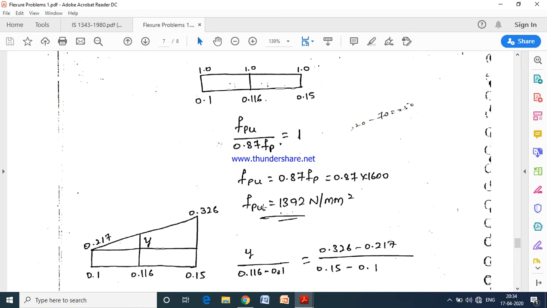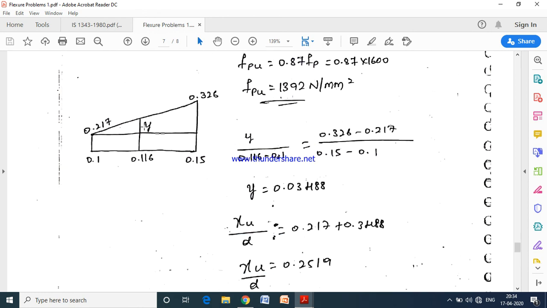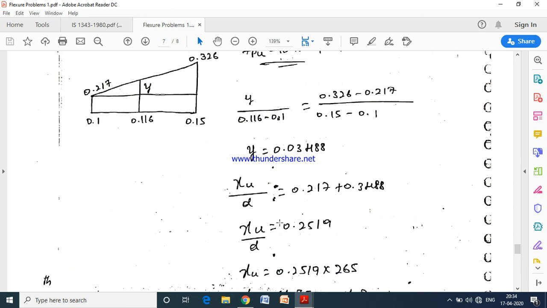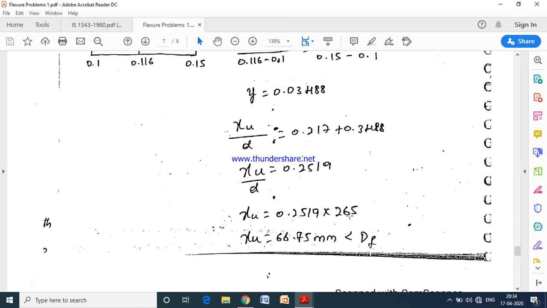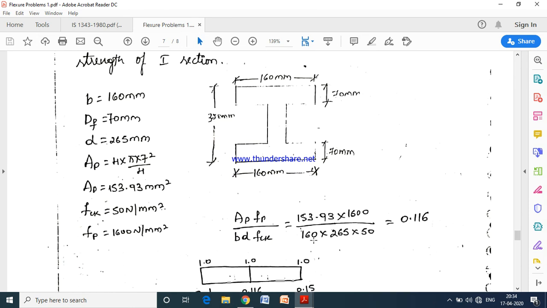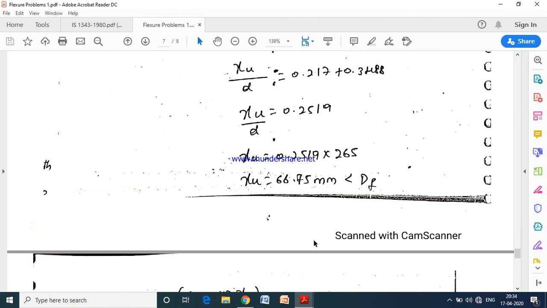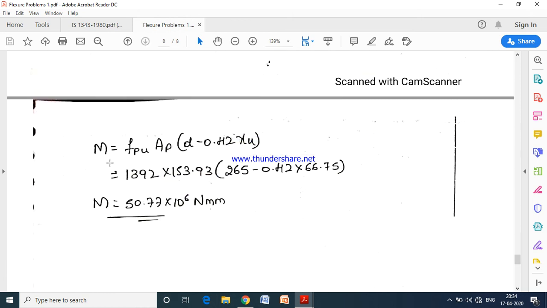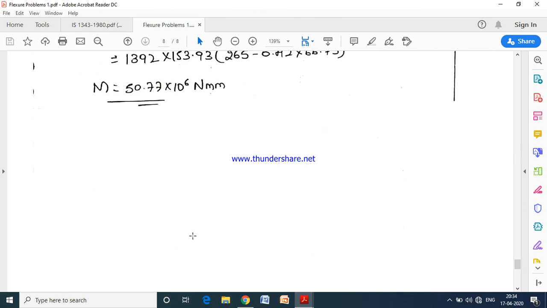This ratio is 1, we have calculated fpu, and for the xu by d ratio we need to do interpolation, and we have got the ratio as 0.2519, and we have got the xu value. So xu is 66.75. Since the depth of the flange is 70 mm and here we have 66.75, it lies in the flange itself. So directly substitute in the equation and we will get 50.77 × 10^6 N mm as the ultimate flexural strength of the given member. Thank you.